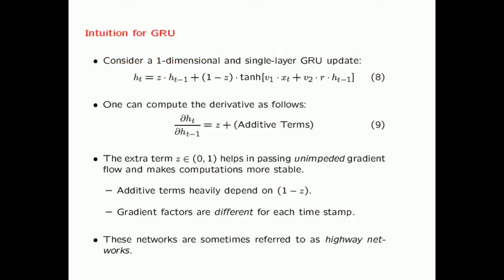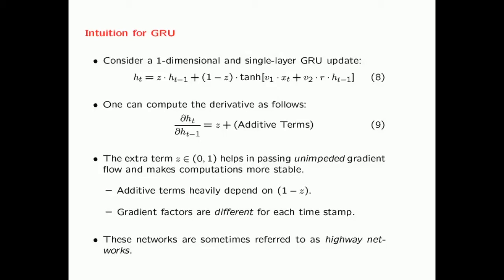Here equation 8 gives you the update for the GRU when you use a one-dimensional, single layer GRU update. Now you can compute the derivative of h_t with respect to h_(t-1). You are going to get z plus a bunch of additive terms. This z really comes from the copying from layer to layer, and it helps in passing unimpeded gradient flow, and it makes the computation more stable.